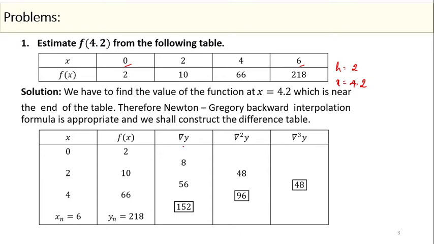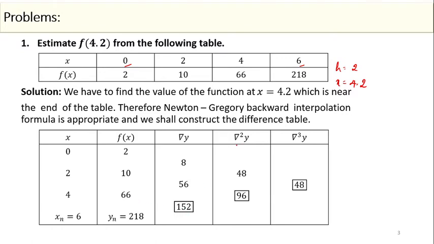To get them, we subtract each value of f(x) from its next value, that is 10 minus 2 is 8, 66 minus 10 is 56, 218 minus 66 is 152.